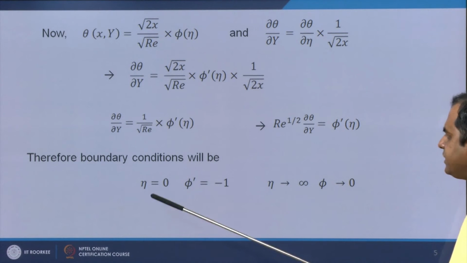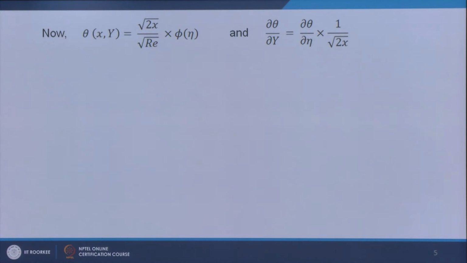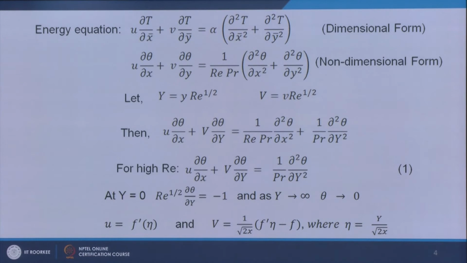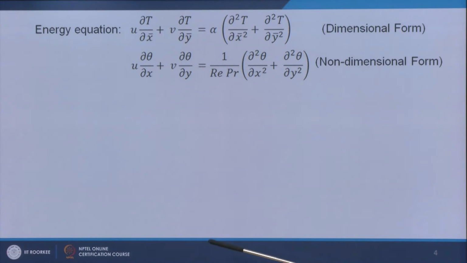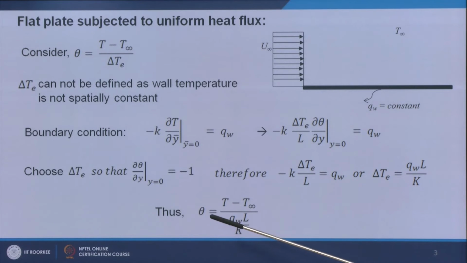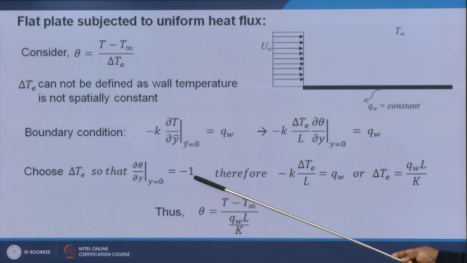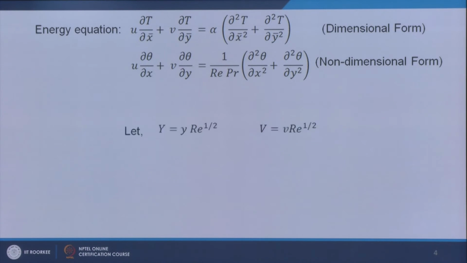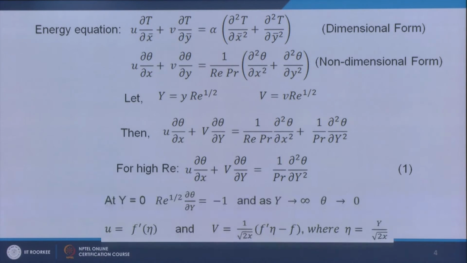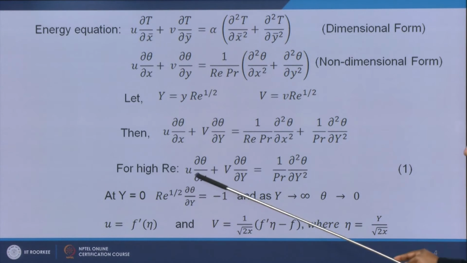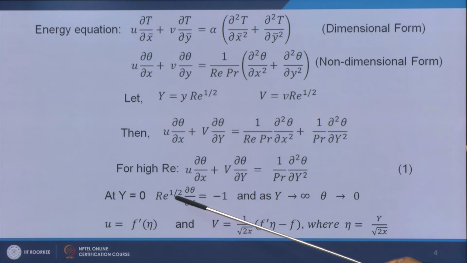So the boundary conditions, as we have seen here, it is del theta by del y at y equals 0 is -1, which we have shown over here after converting small y to capital Y: Re to the power half into del theta by del Y is equal to -1.